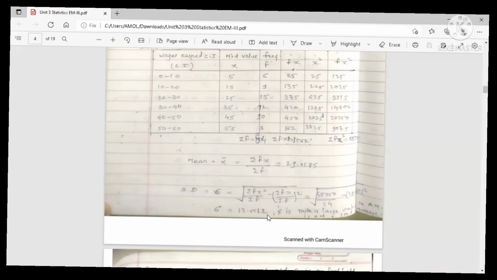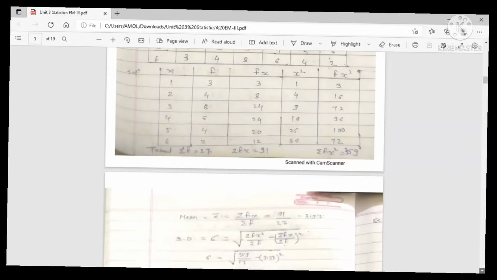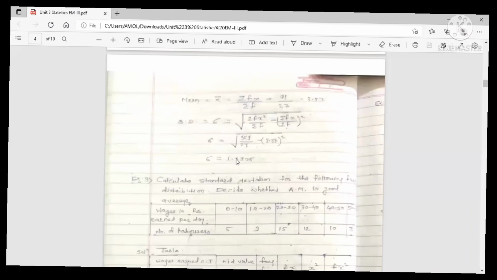So here your conclusion is sigma is quite a large value. So arithmetic mean is not a good average. In the previous example, the value of standard deviation sigma was 1.3925.